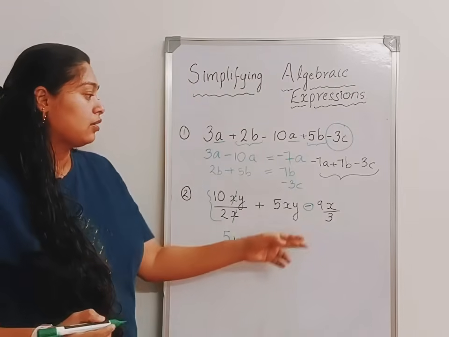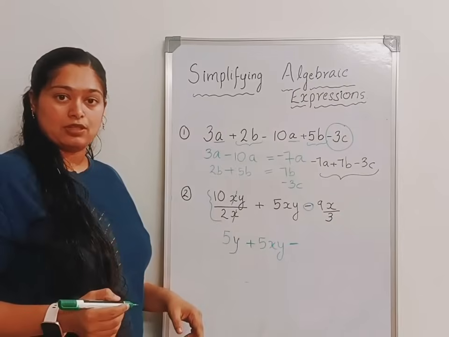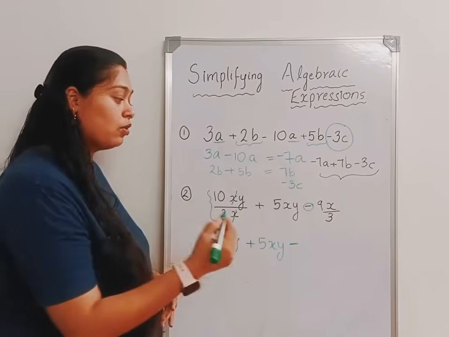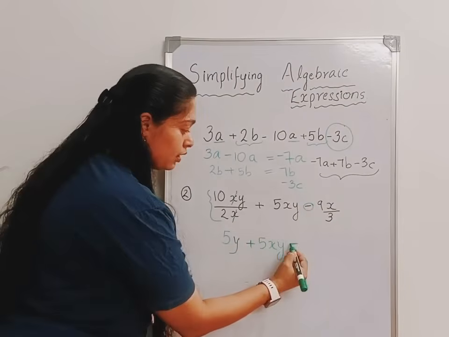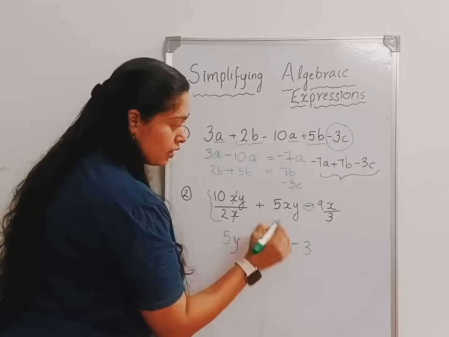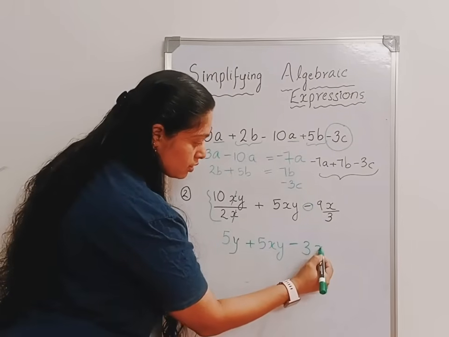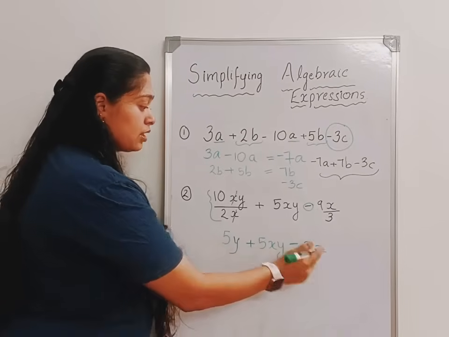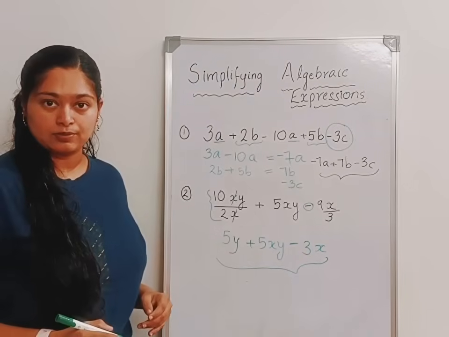Or you can recollect the rule: a negative integer divided by a positive integer, one negative, one positive, so the answer also will be negative. So 9 divided by 3 will be 3 itself. Since there is a negative, we are taking negative. And the x, there is nothing to cut or cancel, so x remains the same. And we have 5y plus 5xy minus 3x as the simplified expression.